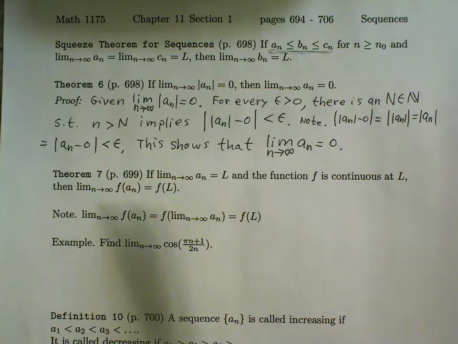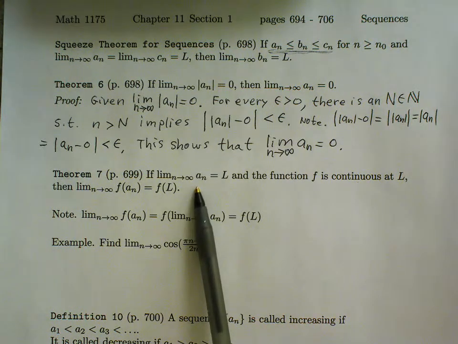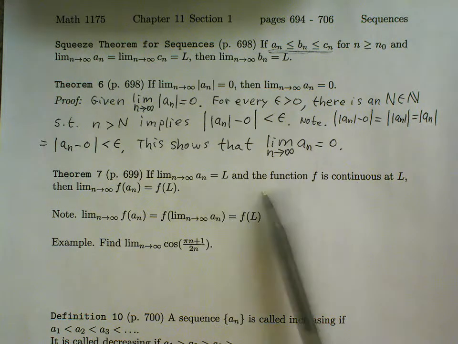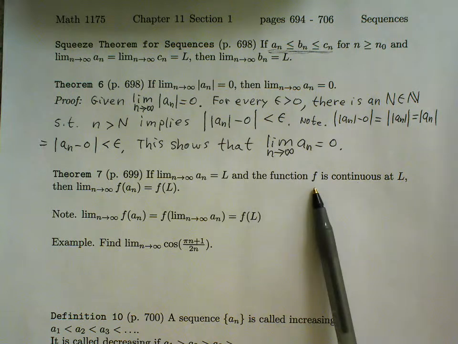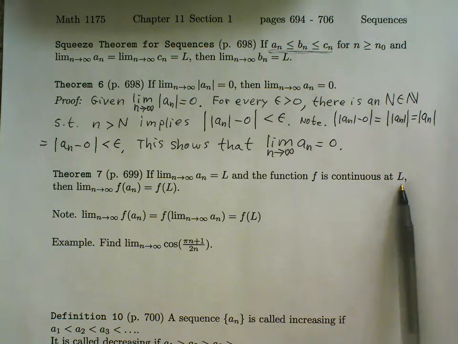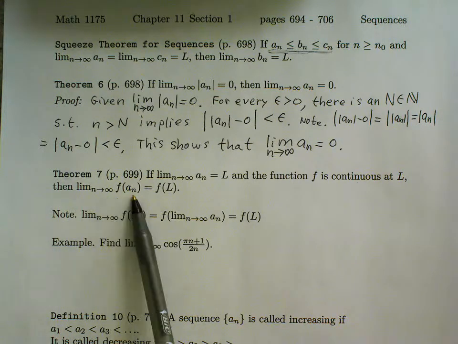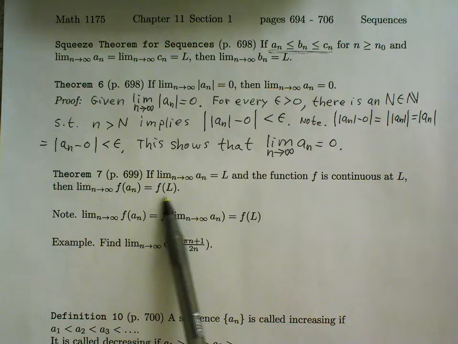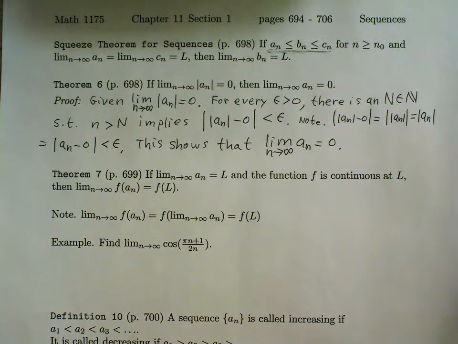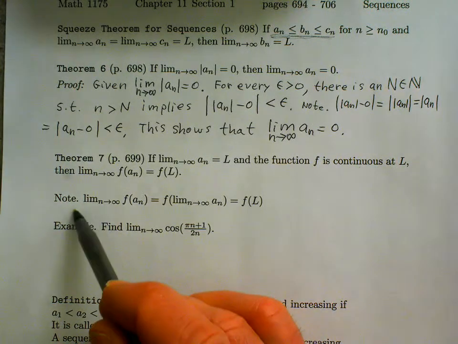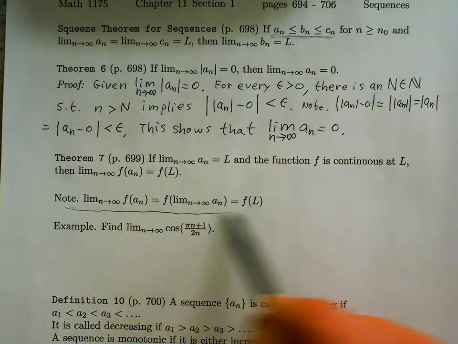Okay, Theorem 7: if the limit of a sequence a sub n as n approaches infinity is equal to a finite number L, and if the function f is continuous at L, then the limit of f of a sub n as n approaches infinity is equal to f of L. So remember that we can do this.